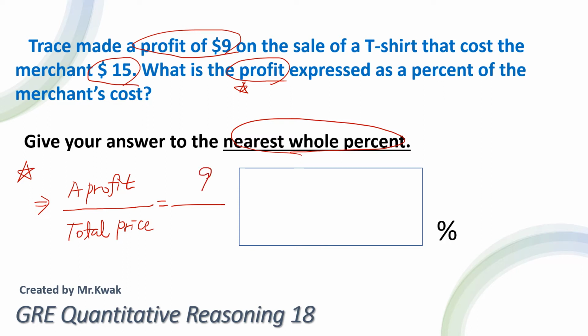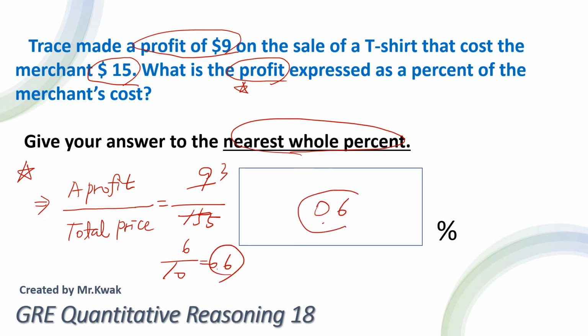So the numerator could be $9, the denominator could be $15. In that case, we can get the answer 0.6. But is it the correct answer?